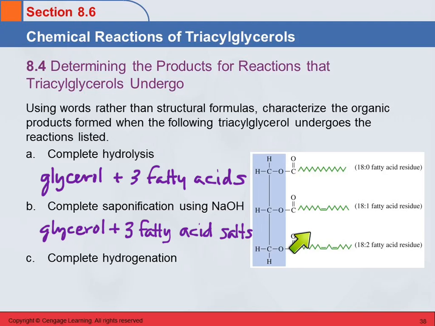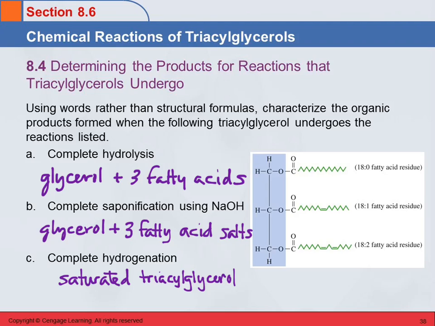Because this one currently would be considered polyunsaturated, because there are 3 double bonds here. 2 on one and 1 on the other. So complete hydrogenation would yield a saturated triacylglycerol. That's one word, acylglycerol.